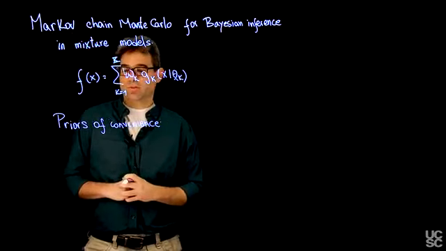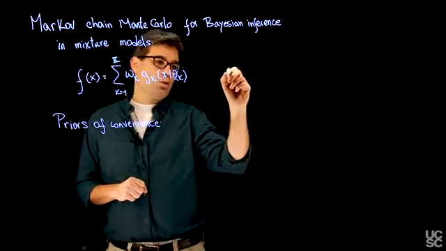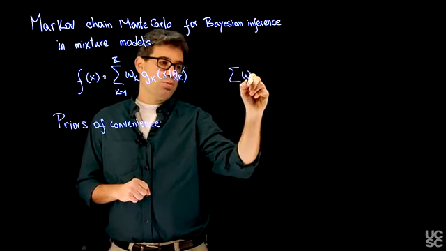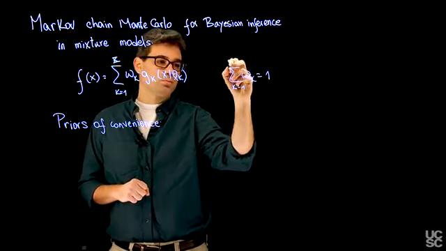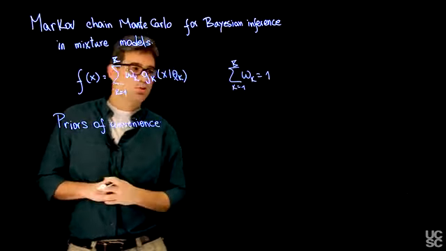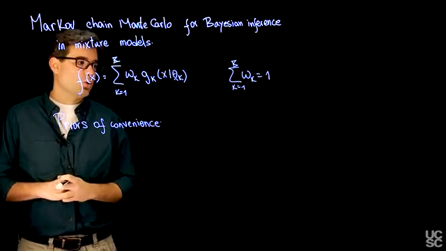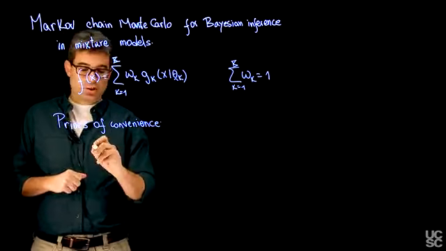And what are those priors of convenience? Well, first for the weights, remember that we have a constraint that the sum of the weights needs to be equal to 1. And obviously, each one of them individually needs to be between 0 and 1. So a natural prior for that type of parameters is a Dirichlet prior.